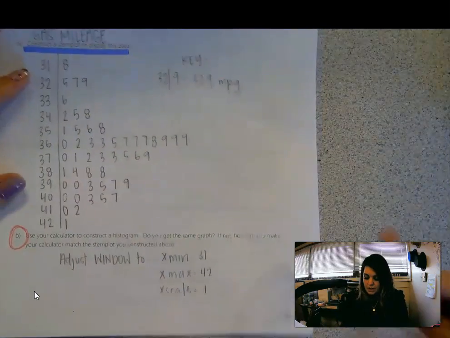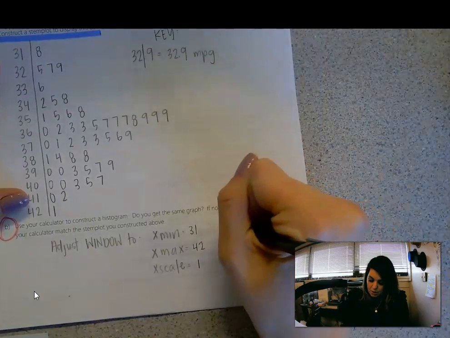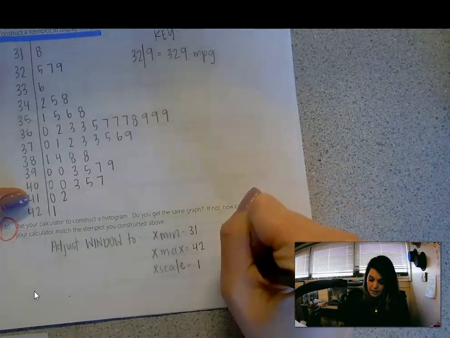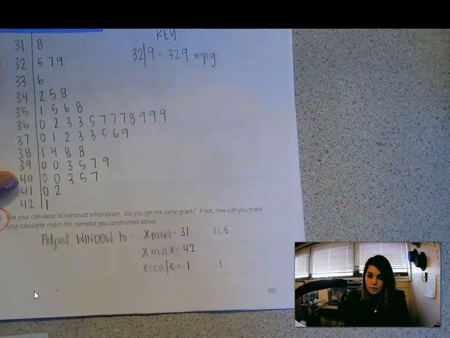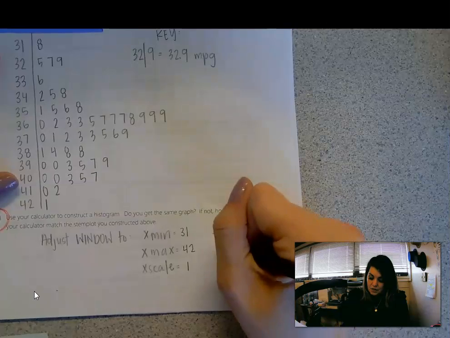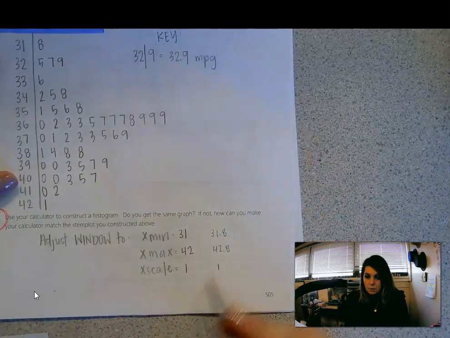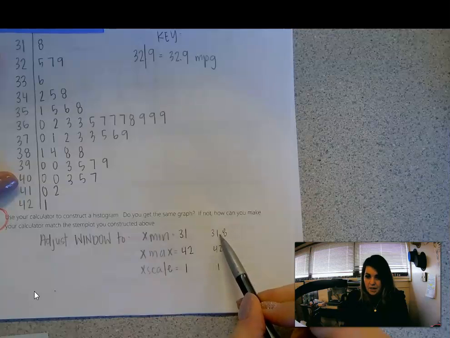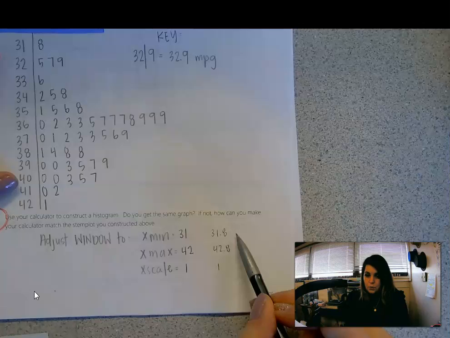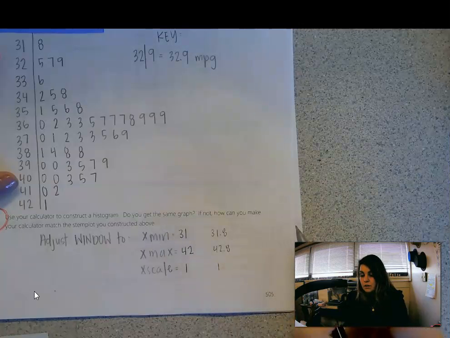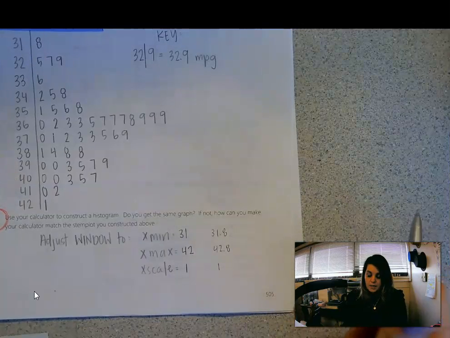Some of you wrote, my X minimum is 31.8 and my scale is 1. If that's the case, then your max has to be 42.8, because you have to go by your bin size. So one bin would be 31.8 to 32.8, then 33.8, then 34.8.